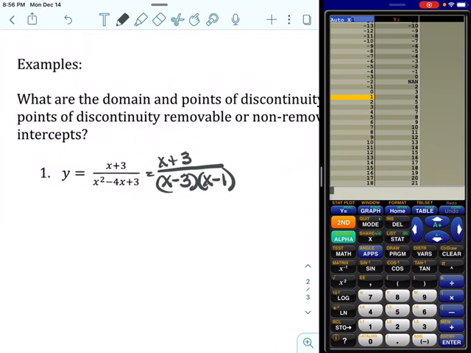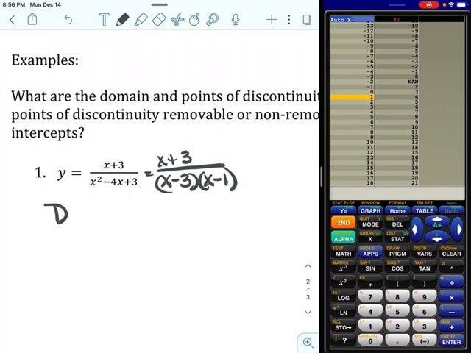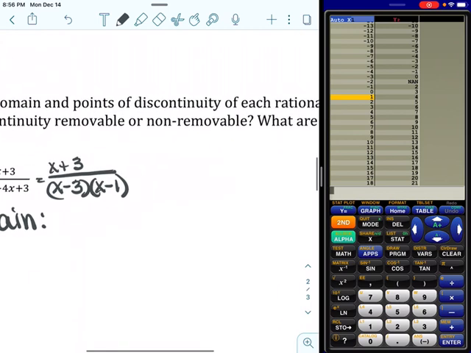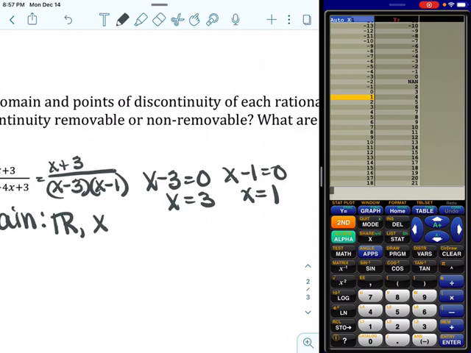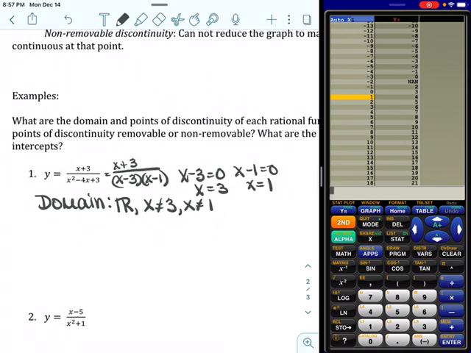So this means that we have, let's talk about domain. Domain is x. What can't x be here? Well, if I set them both equal to 0, all right, where x cannot be 3 or 1. That's your domain. Okay? It is discontinuous.